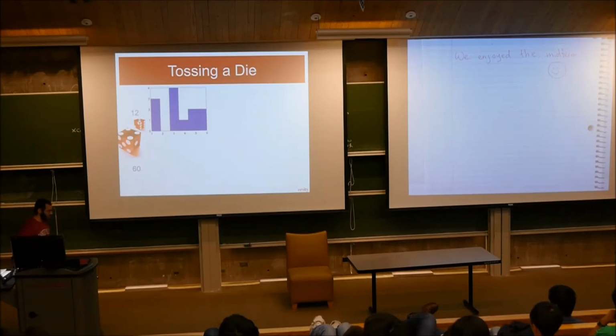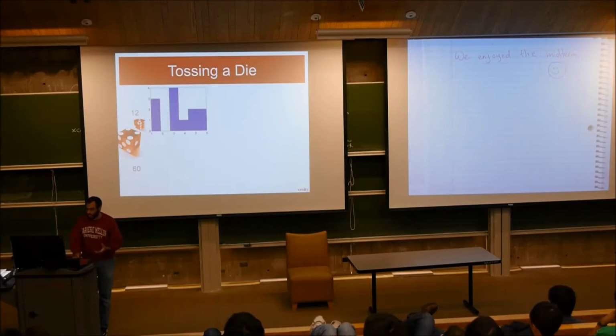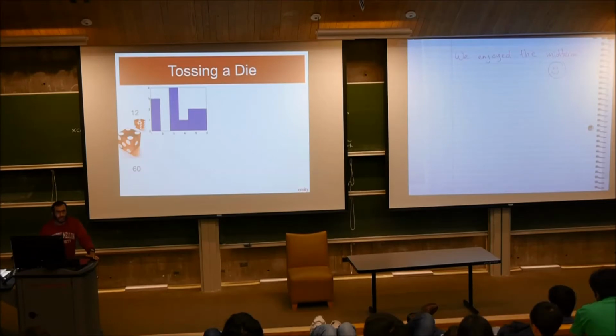In practice, we can throw an unbiased die, so each face should have equal probability. Each face should be equally probable. But if you throw your die a low number of times, like 12 times, you might not get uniform counts. You might get something like this. For example, face 2 will never appear. But that's not an accurate estimate, right?